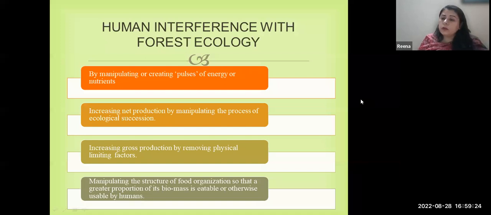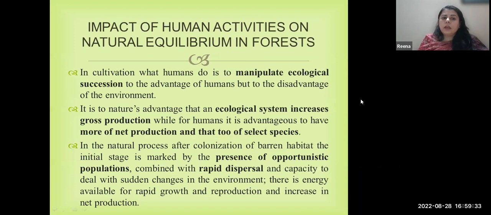Okay, so there is more emphasis on producing biomass which is eatable or which can be consumed by the human population. So when we cultivate more of these eatable options, we are basically manipulating ecological succession to the advantage of humans. But it is a disadvantage to the environment. Okay, and any disadvantage to the environment in the long term will be a disadvantage to human beings as well.